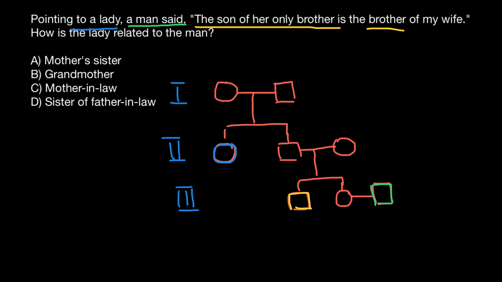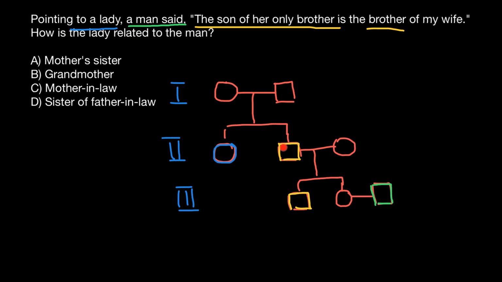Variant C, mother-in-law, and mother-in-law for this person would be this woman. So who is this woman? This woman is the sister of the father-in-law. So take a look. This is going to be the father-in-law of this person.